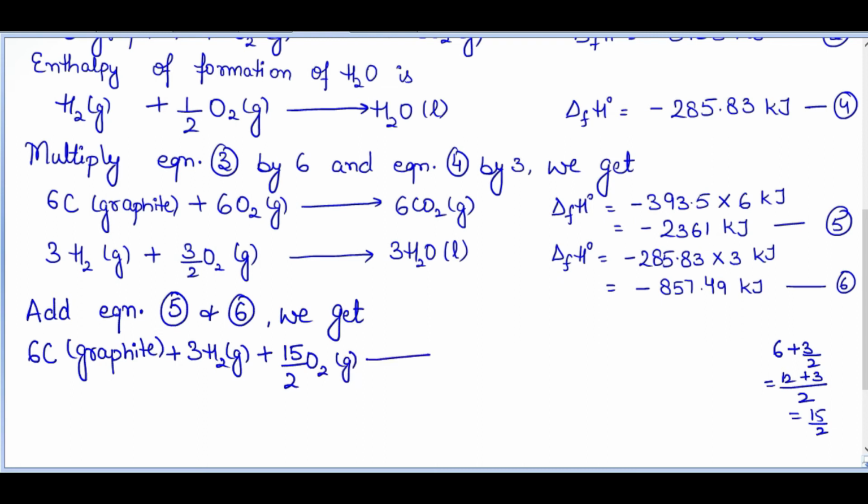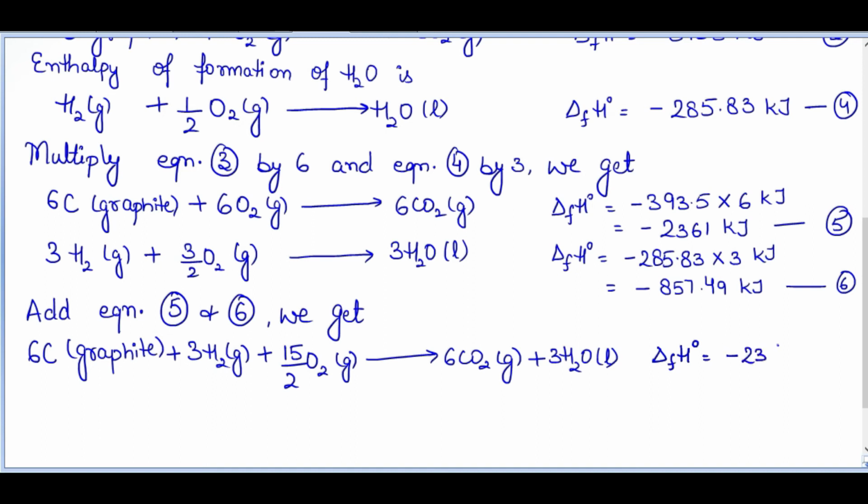Okay, now 6 CO2 gas plus 3H2O liquid. Now in this condition you'll have enthalpy of formation delta HF naught equal to minus 2361 plus minus 857.49 kilojoule.